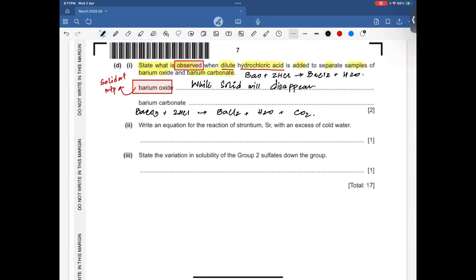So technically, effervescence of carbon dioxide gas is given off, and this white solid dissolves, right? So the solid dissolves, and brisk effervescence is given off. The term brisk effervescence is fixed for carbon dioxide.